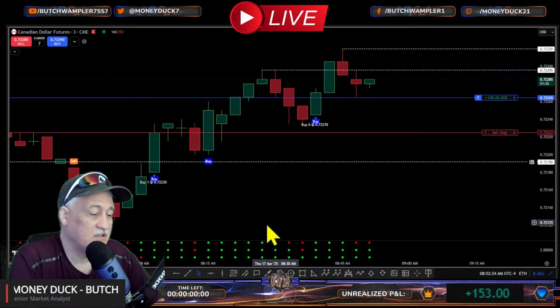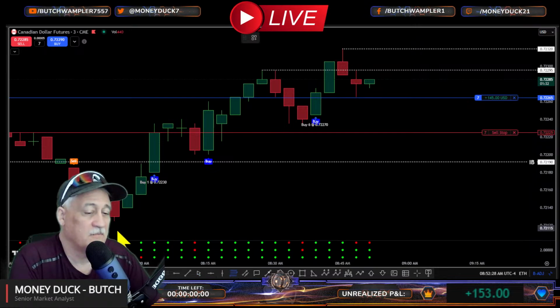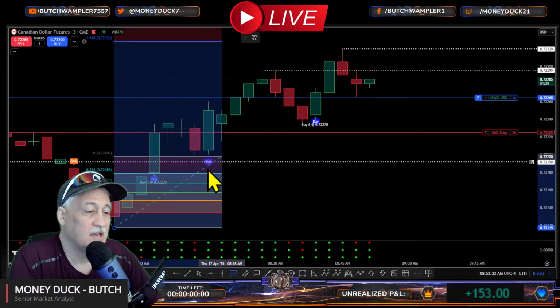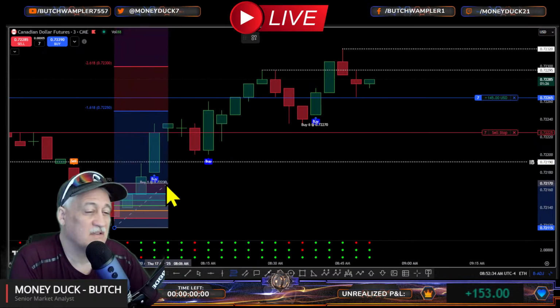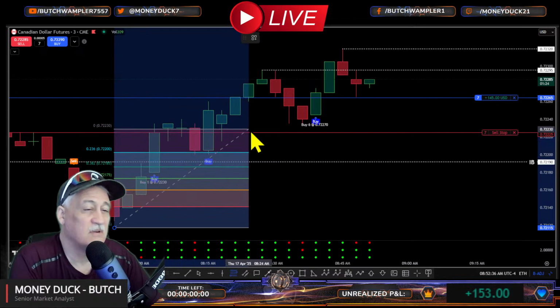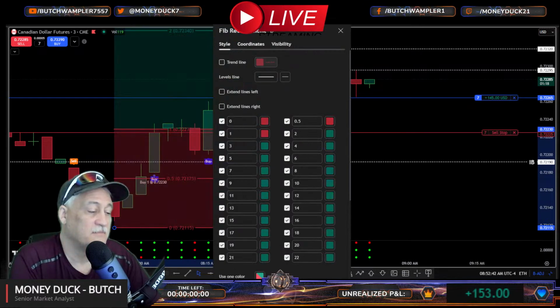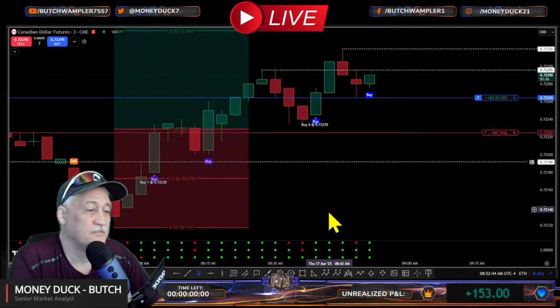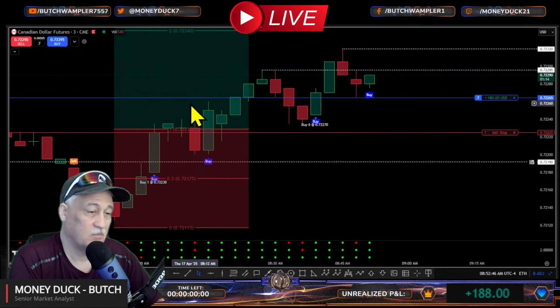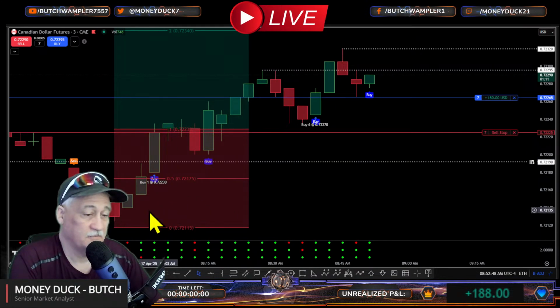Down here is the entry on the original trade, with the stop below this low, and the entry was at 72230. If I pull this up to 72230 and change it over to the target tool, that was our original risk reward on the first contract that we put on.